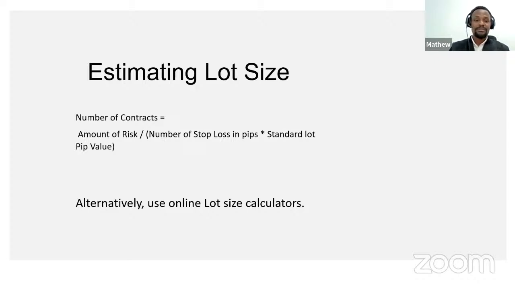So let me go with, for example, what we have here: number of contracts, amount of risk. I don't know whether I can use an example of an account which I have here. I don't know whether I have a trade. I don't know whether I did the right lot size estimation, but let's look at it. Yeah, I have a $250 account.